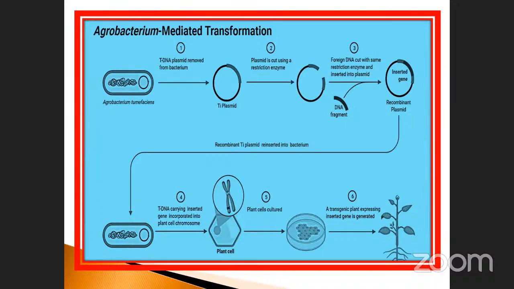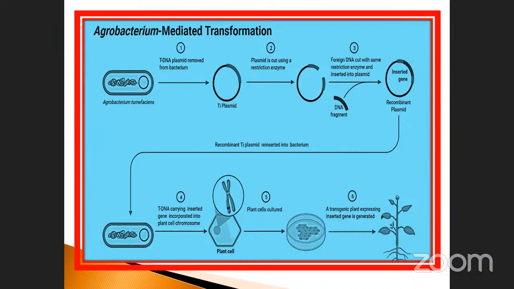After that, what happened? The foreign DNA is cut with the same restriction enzyme and inserted into the plasmid. After we made a cut, we isolate the particular desirable gene, then it may be inserted into the host DNA. This one is A, another one is B. This is the A gene. Imagine this is the vector gene, isn't it?